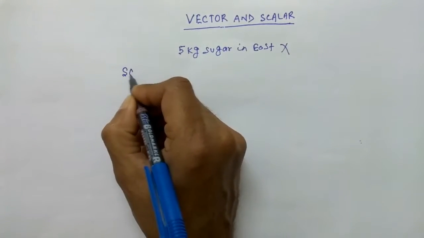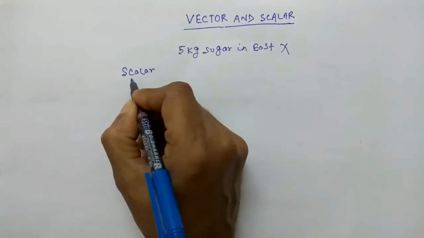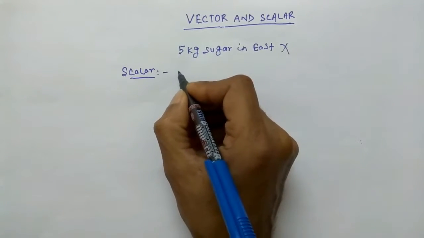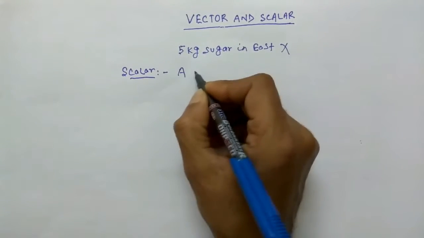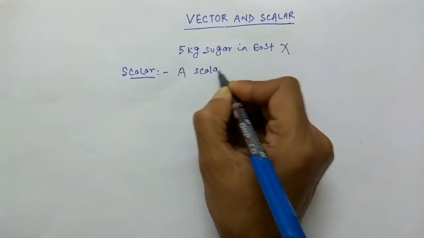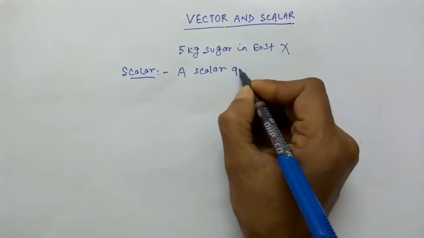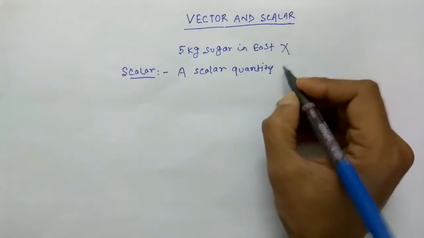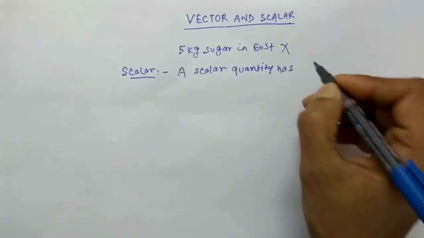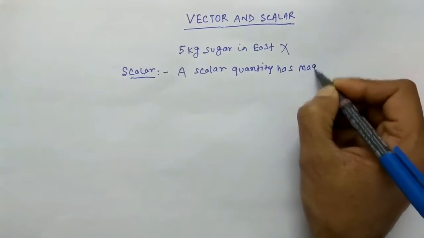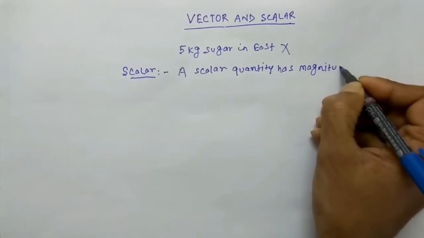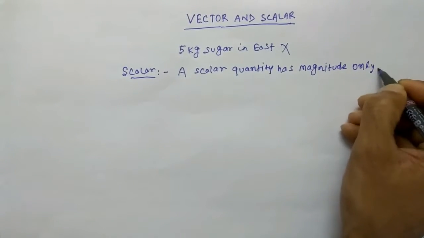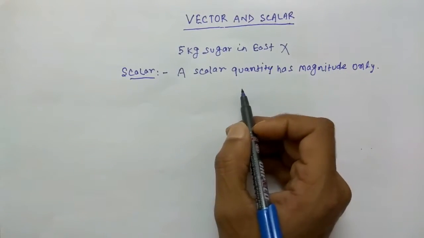So a scalar quantity has magnitude only. We do not need direction for this.